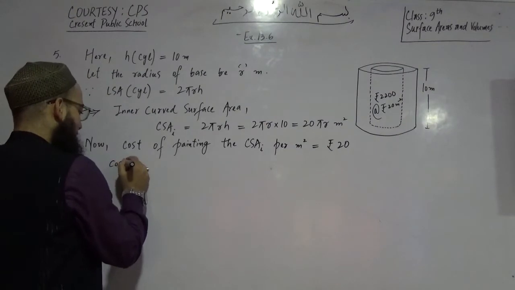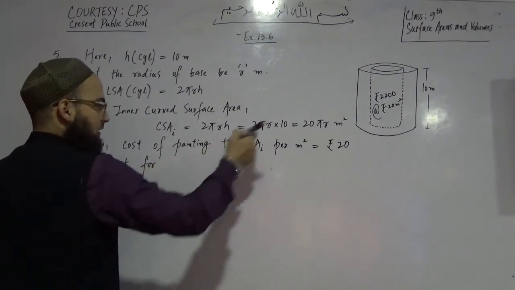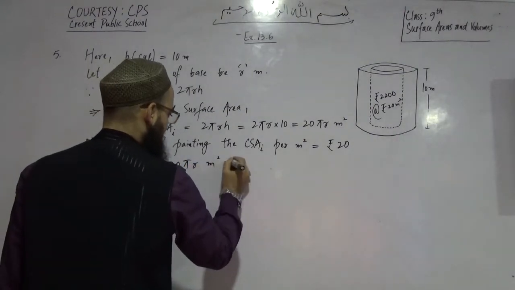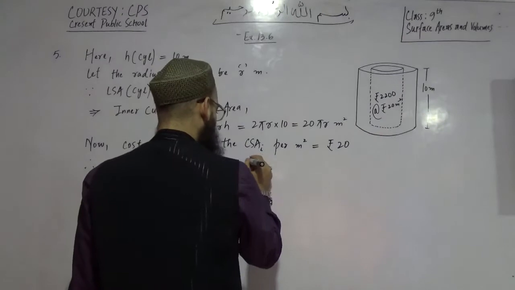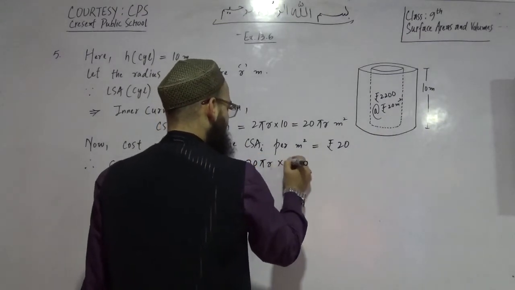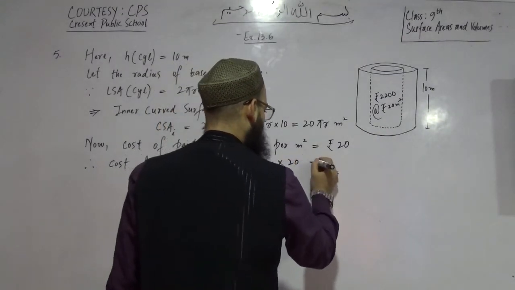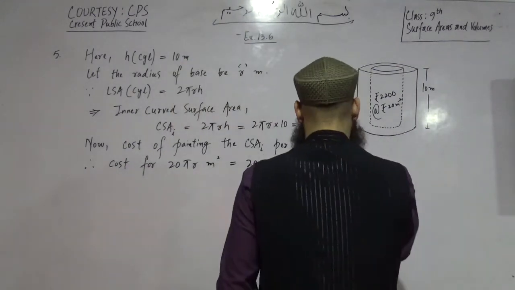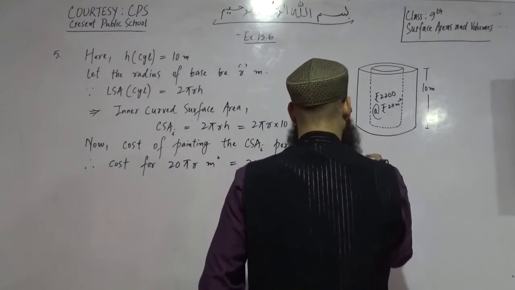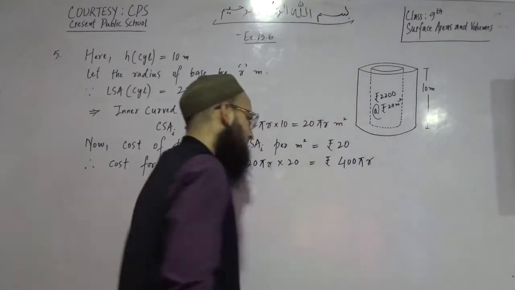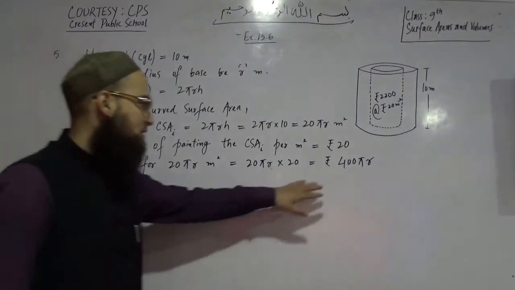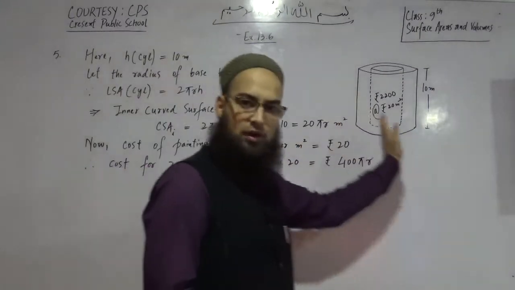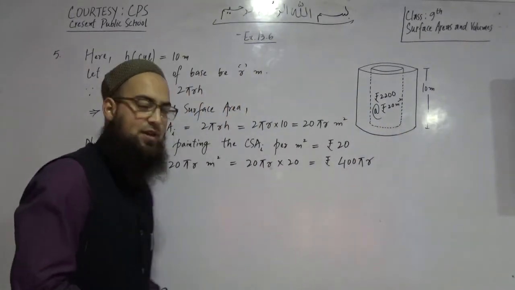Therefore cost for this much, 20 pi r square meters, is equal to 20 pi r times 20, and that will give you rupees 400 pi r. This is the total cost for painting the inner curved surface area.